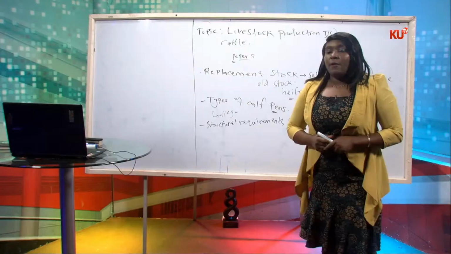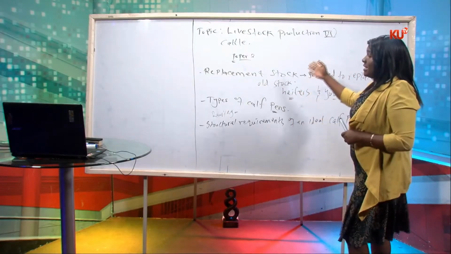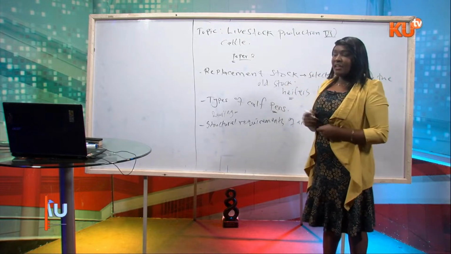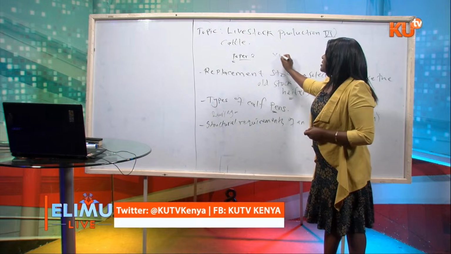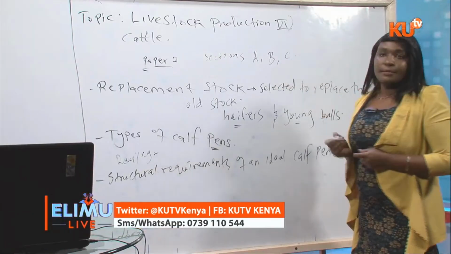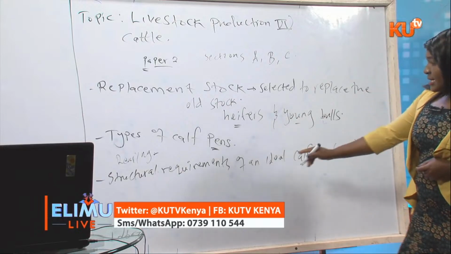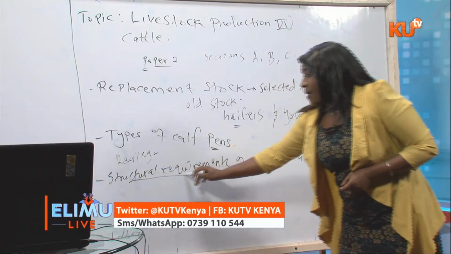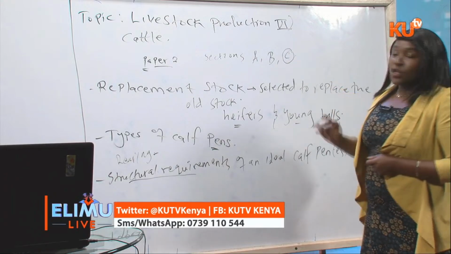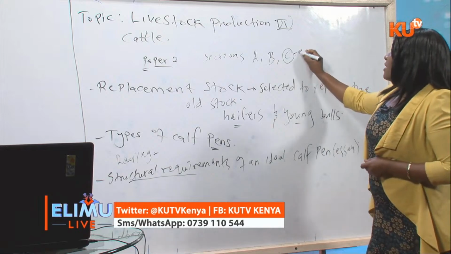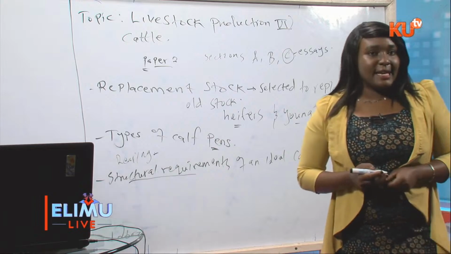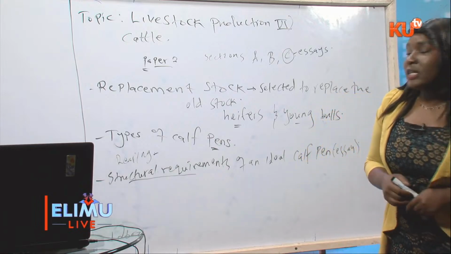At Form 4 level, by now you're familiar, we have already said that this is a topic in paper 2, and you know, in paper 2 or in any paper in agriculture, we have sections A, B, and C. This bit of the structural requirements of an ideal calf pen is commonly tested in section C, which comprises the essays, which can carry even up to 20 marks.